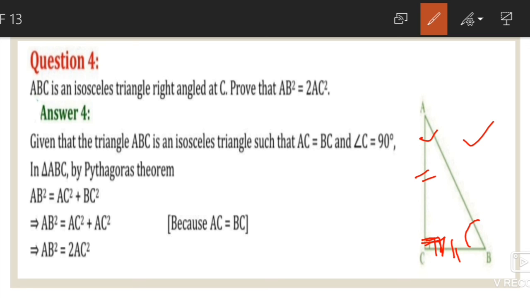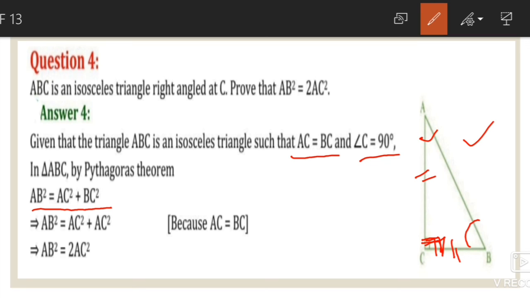So given that ABC is an isosceles triangle with AC equal to BC and angle C equal to 90 degrees. Now since ACB is a right angle triangle, by using the Pythagoras theorem, you can say that AB square is equal to AC square plus BC square because AB is the hypotenuse, right?